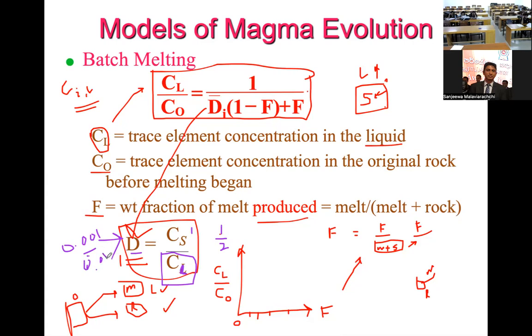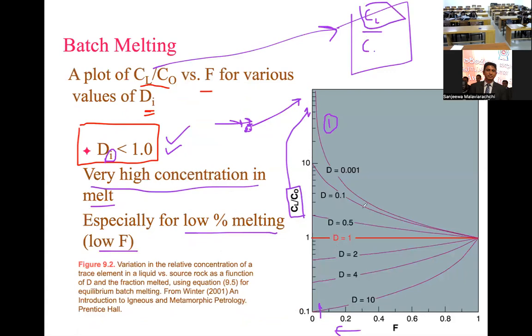Let's take 0.01, so that is like this curve in that case. Number two, we'll put number two here. There you can see the elemental composition prevailing in the melt, the Cl over C naught composition, has dropped a little bit. But it is still higher, 10 times, not small.